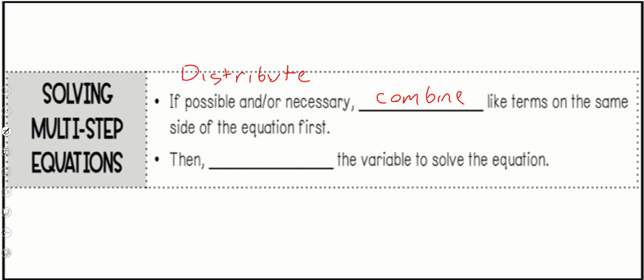But if there's parentheses, you're going to distribute first. Then you're going to try to isolate the variable by doing the opposite to solve the equation.